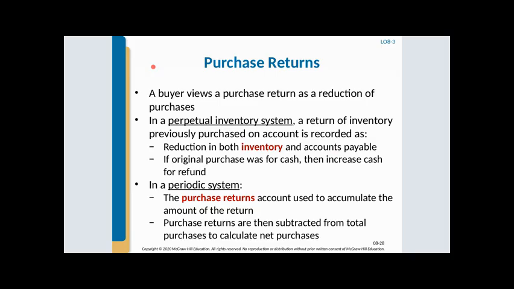A buyer views a purchase return as a reduction of purchases. So we're talking about purchase returns here. Again, it depends on whether you're using perpetual inventory system or periodic. If we're using a perpetual inventory system, we're just going to credit the inventory.